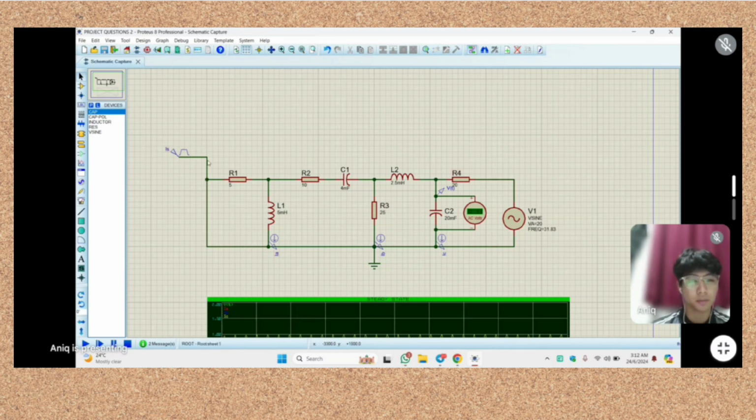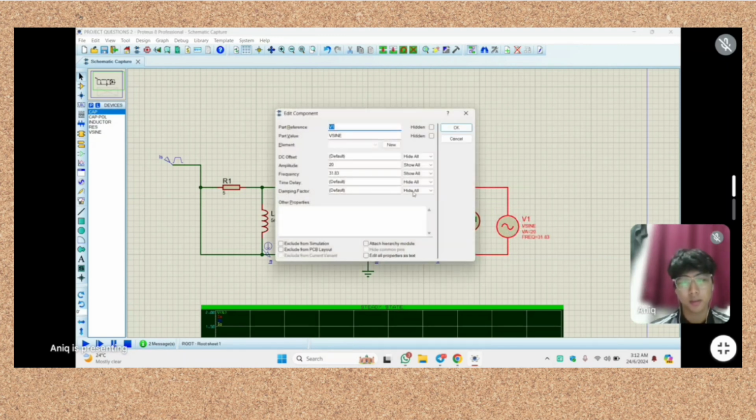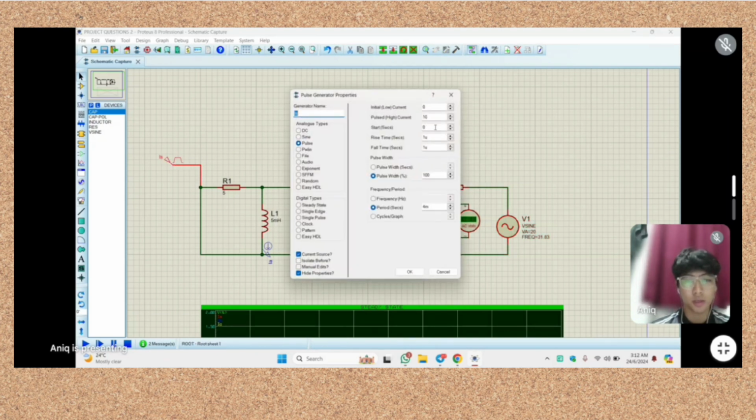If you look at this circuit, I already put in the information given in question 2, which is the resistor, inductor, capacitor, and also the voltage source, which I already set to 20, as the question gave. For the frequency, we need to find the time using omega, and 1 over time gives us the frequency. And also our current source, I already put 10 ampere in the current source.